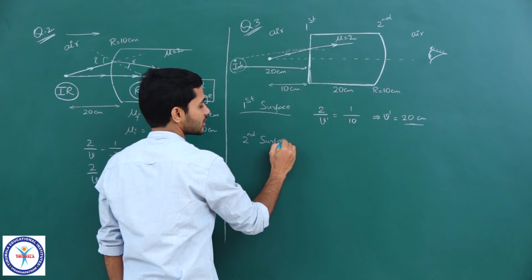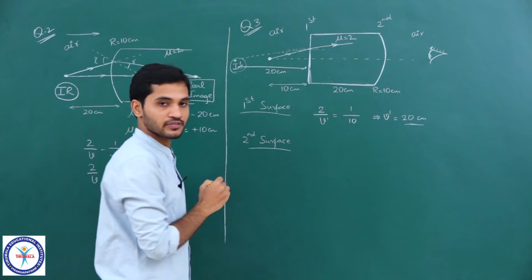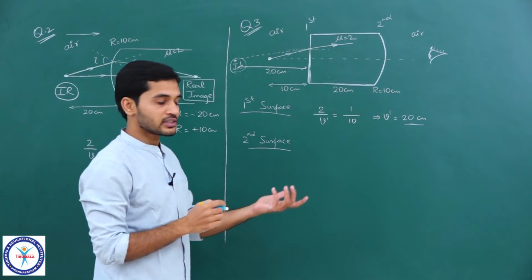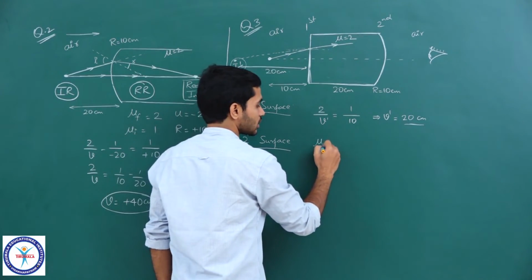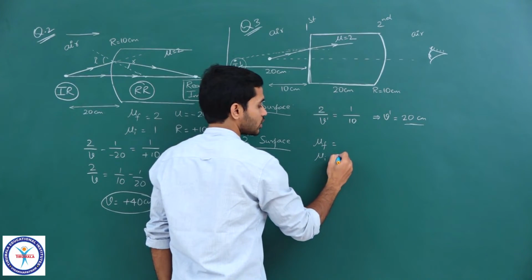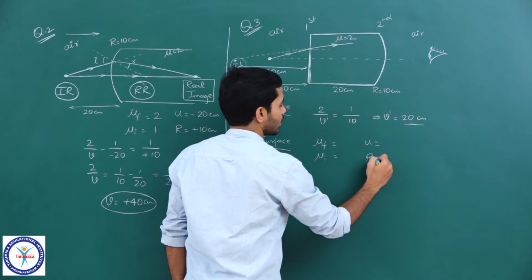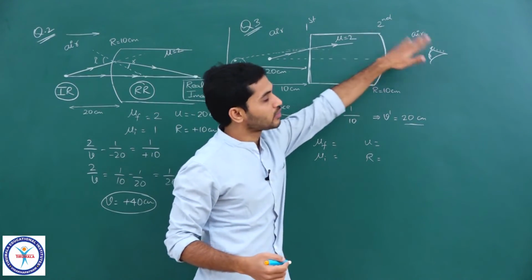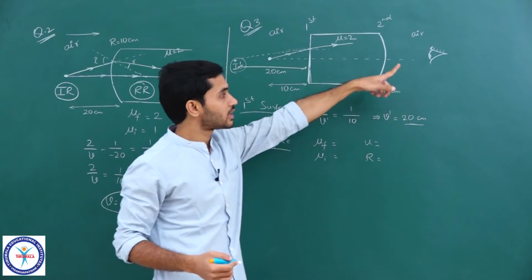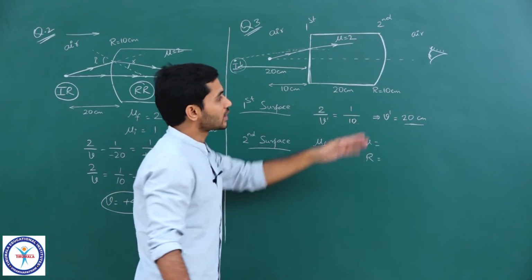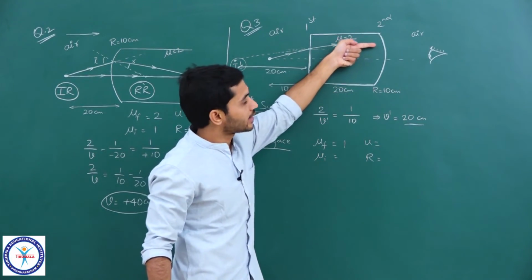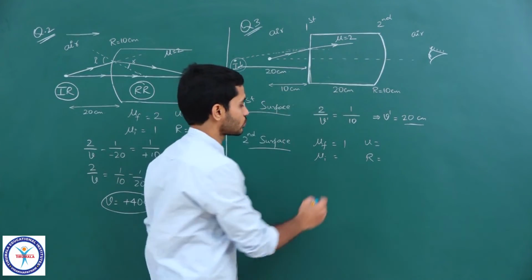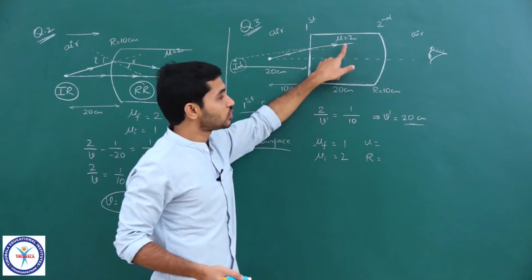Now, let us write for the second surface. Remember, the second surface is spherical surface refraction. So, I told you, for writing spherical surface refraction, start with mu final, mu initial, u and r. We can substitute later. Mu final, what is the final medium into which the light ray enters? Air, 1. What is the initial medium in which the light ray is striking? 2. What is u?